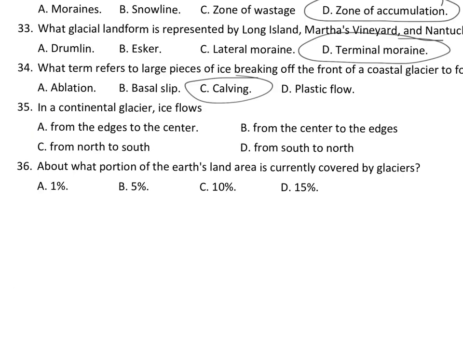In a continental glacier, ice flows from the center to the edges, just like a pancake, right? And that's because the ground tends to be more flat, right? When you have less of a gradient, the snow is able to pile up, pile up, pile up. If you want to understand this further, go home, take your frying pan and pour pancake batter in.